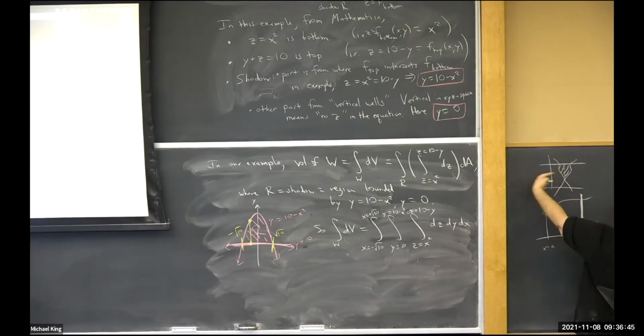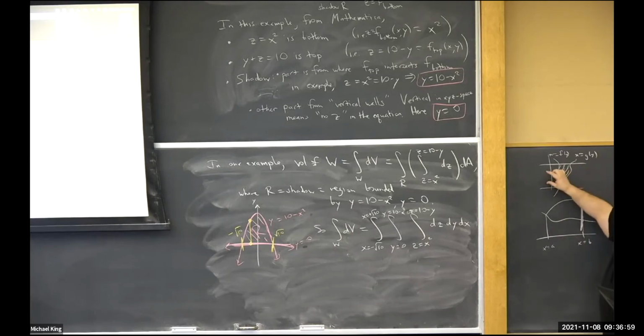But if you look at it from this perspective, there's a y top and a y bottom, because these are like x equals f of y and x equals g of y. So you could do top minus bottom. So the shadow there is sort of nicer in the sense of not being caused by two different curves. So we're going to see examples where it's actually better to project onto the YZ plane or the XZ plane. And so, yeah, going back to this.